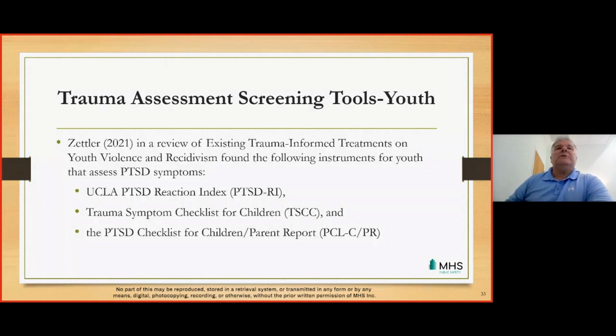So moving along to trauma assessment screening tools, Zettler in 2021 did a review of the instruments for youth, and she said that the UCLA PTSD Reaction Index, the Trauma Symptom Checklist for Children, and the PTSD Checklist for Children / Parent Report were 3 instruments that were commonly used from the review.